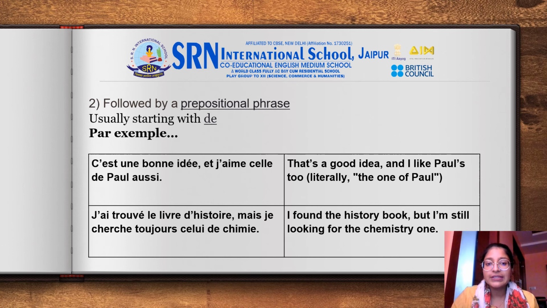Second, j'ai trouvé le livre d'histoire, I found the history book, mais je cherche toujours celui de chimie, but I'm still looking for the chemistry one. So here, if it is followed by a prepositional phrase, generally with de, we can use celui or celle.